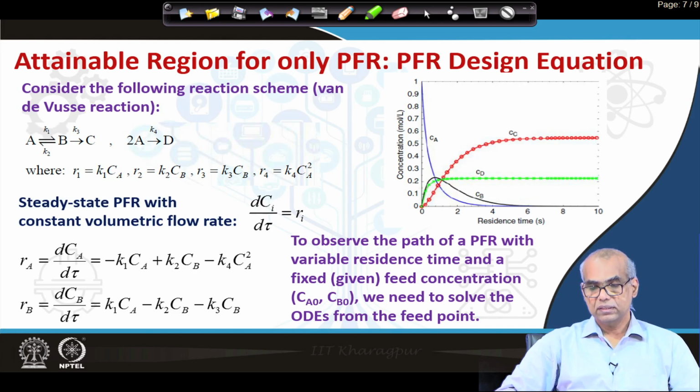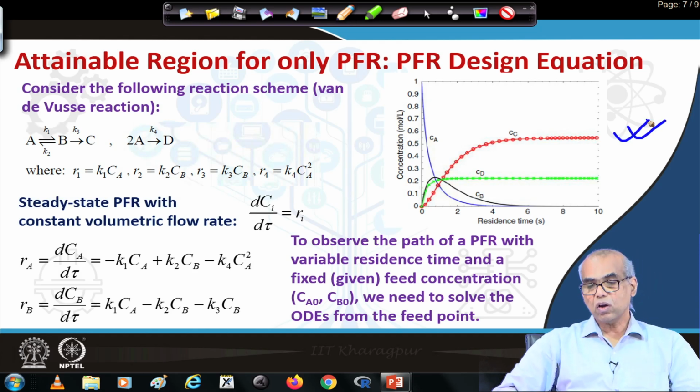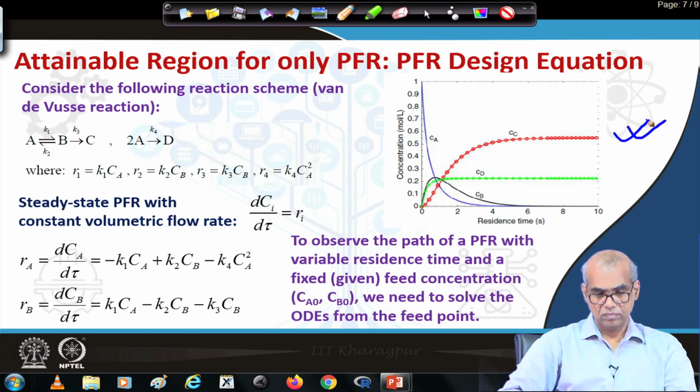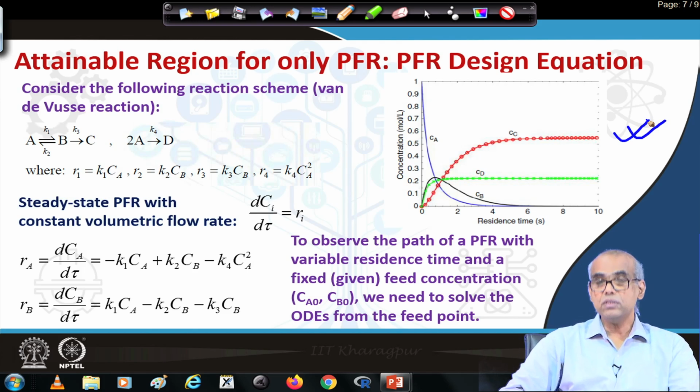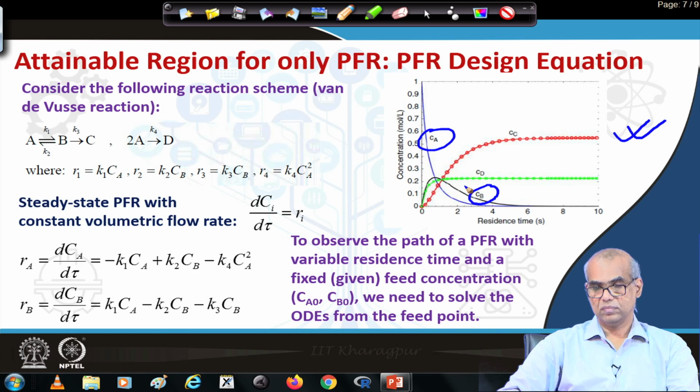And if we do that, let us say I have obtained these profiles for all the components A, B, C and D. For this, you also have to write the differential equations for species C and species D. But now, let us focus your attention only on the profile for A and B. Now, these 2 trajectories represent how the concentrations of A and B vary with respect to τ.